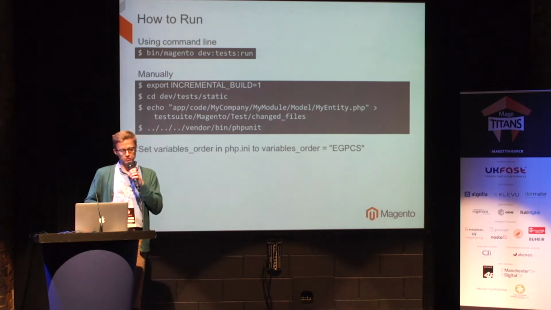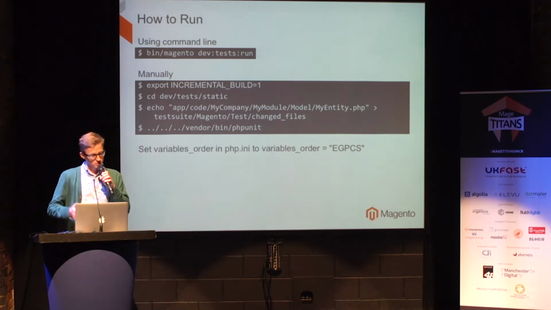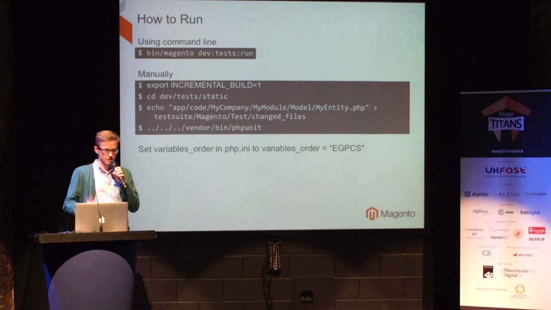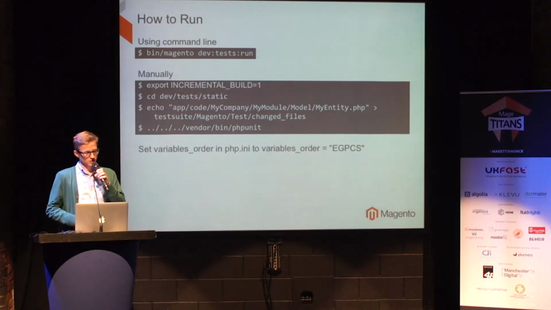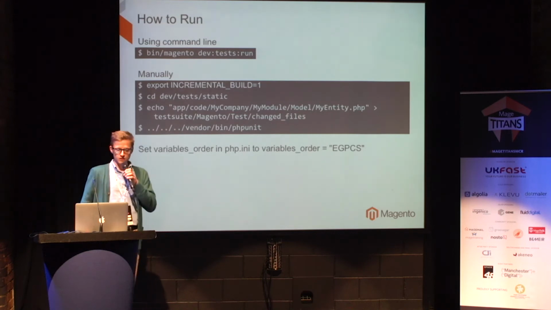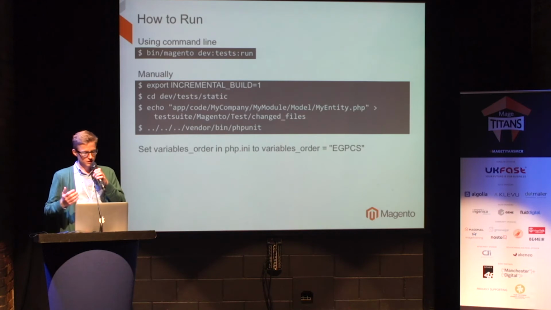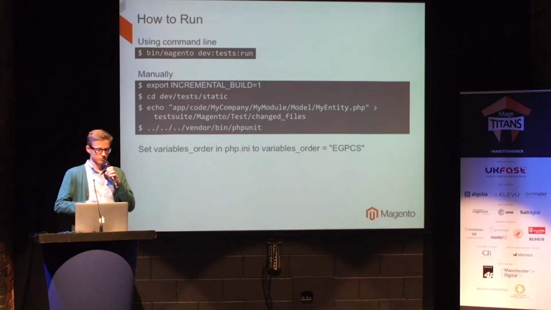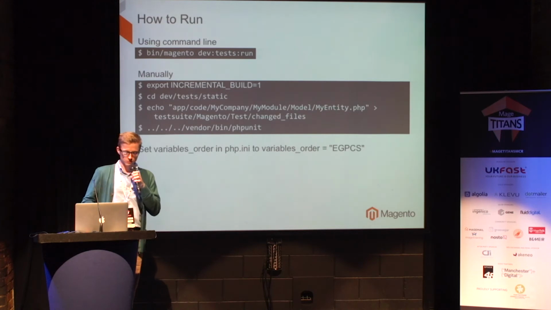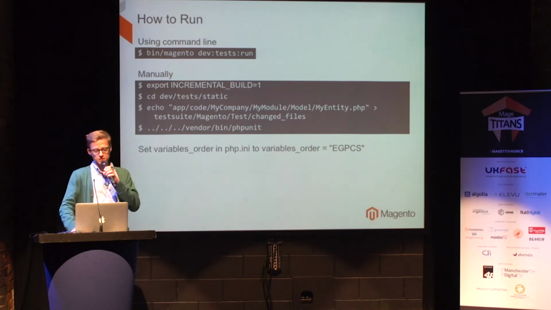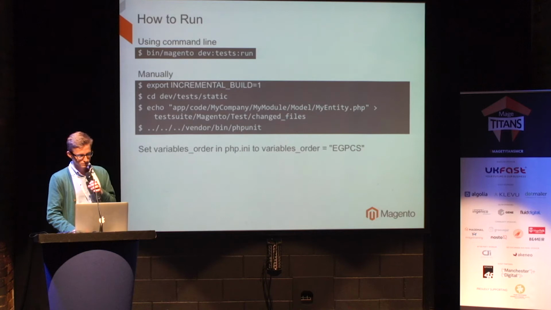You probably don't want that because these tests are slow when they run on the whole code base. So you can create a list of files at the locations shown on the slide. It could be a list of files of your extension or a list of modified files. Set an environment variable, and then you will be able to run PHPUnit in the static folder, and it will run static tests only on changed files.